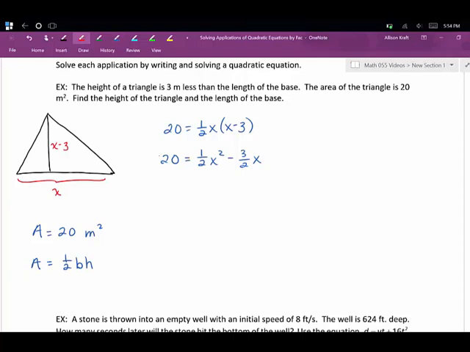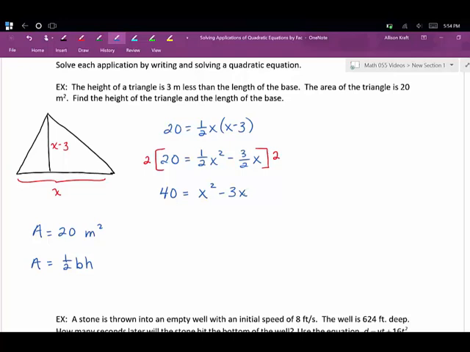We can do that in an equation by multiplying the entire thing by the LCD of our equation. Our LCD here is going to be 2. So we'll multiply both sides by 2, resulting in the equation 40 equals x squared minus 3x.